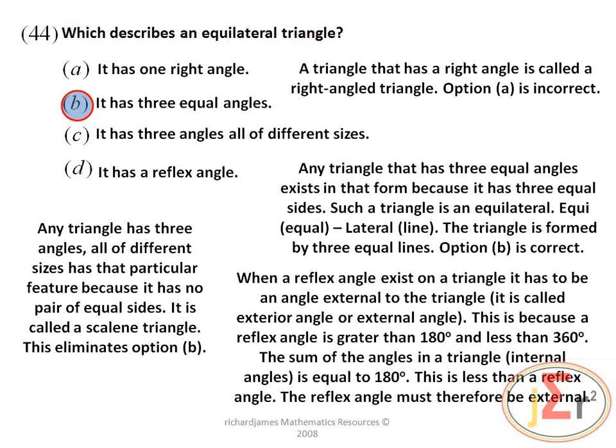This is because a reflex angle is greater than 180 degrees and less than 360 degrees. The sum of the angles in a triangle, the internal angles, is equal to 180. This is less than a reflex angle. The reflex angle must therefore be external to a triangle. So, a triangle will definitely not have a reflex angle inside of it.